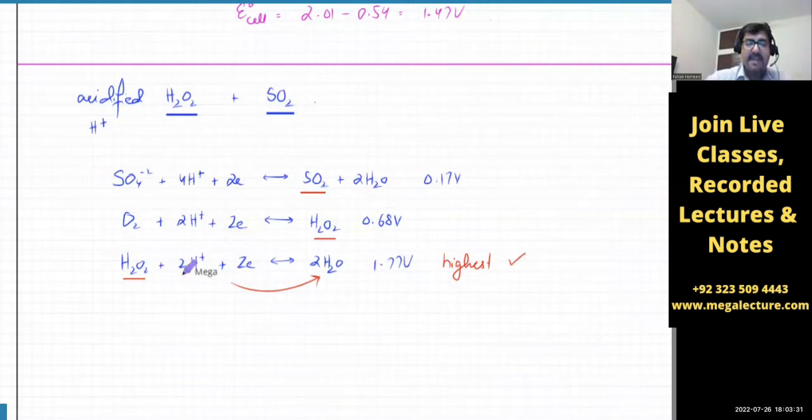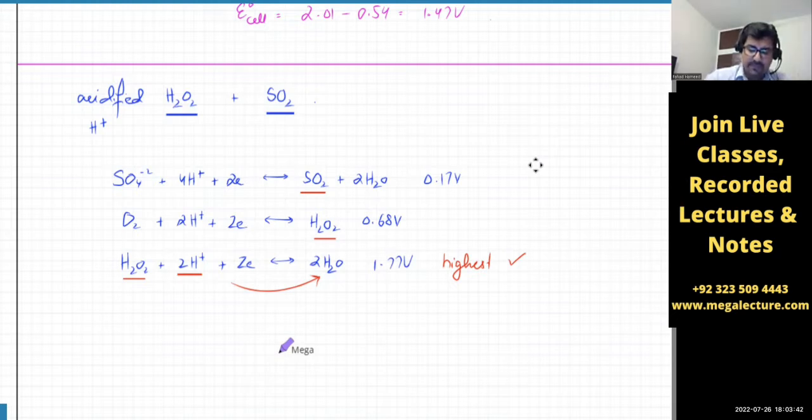Now I have to figure out who loses electrons, and that's going to be the first one, the lowest one. That's the one that's going to lose electrons. So I've got both of them.